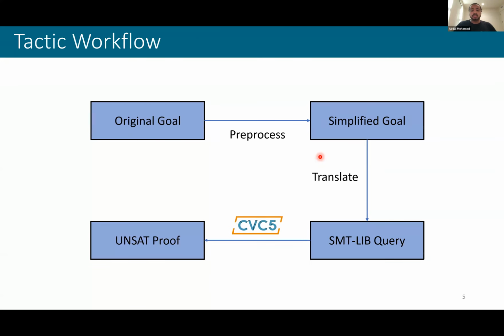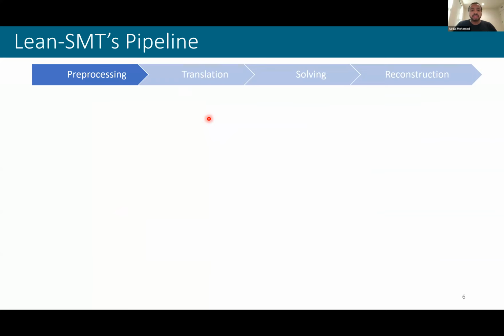If CVC5 manages to solve the problem and returns unsat for the problem, it will give us a proof for that unsatisfiability, and then we can use that to reconstruct a proof for the original goal in Lean. So this is the basic workflow, and I will show this with a simple example.